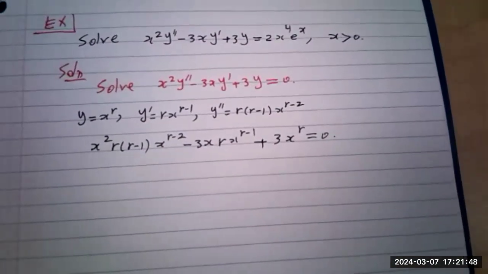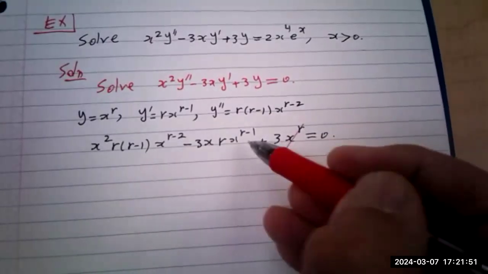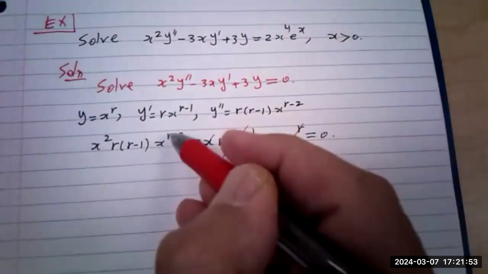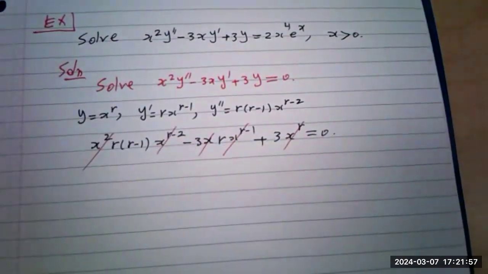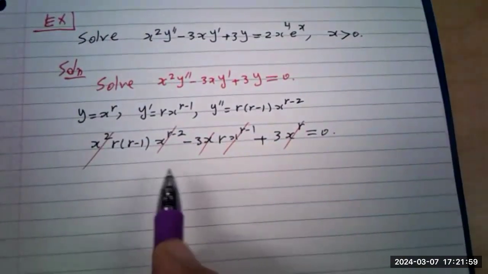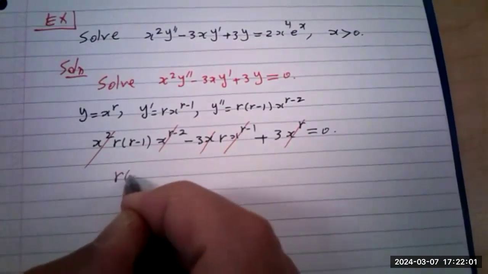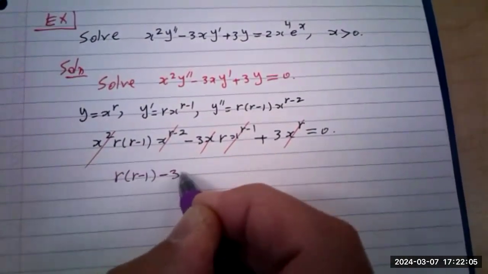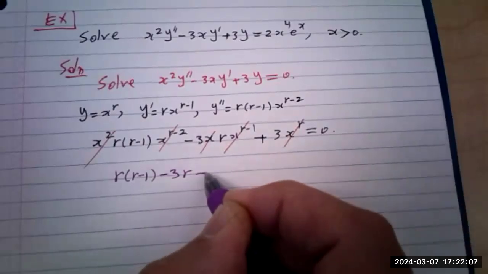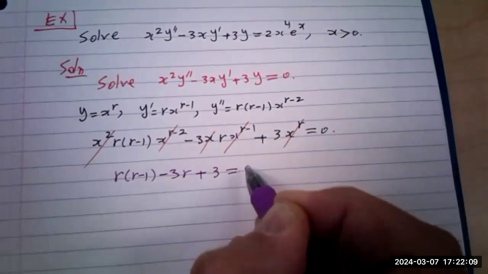Remove the x's. So x would be out. Get the leftover and continue. The leftover is r times r minus 1 from the first part, minus 3r from the second one, and the 3 equal to 0.